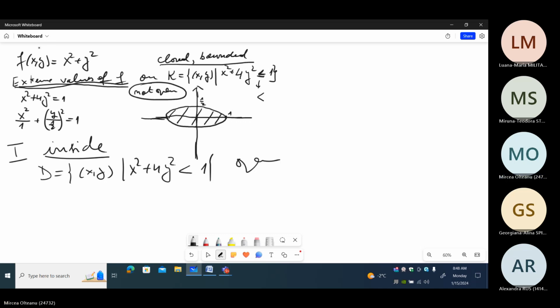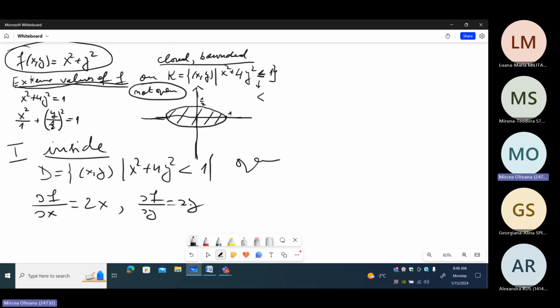We have the usual algorithm, so we compute, sorry, the partial derivatives of f and we find the critical points.